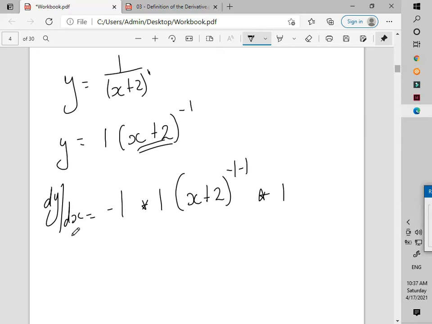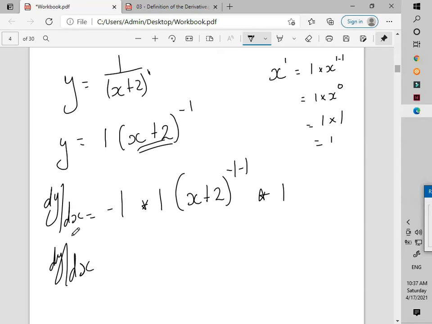A variable by itself means the power is 1, so this is 1 times x to the 0 power, which is 1 times 1, which is going to give you 1.